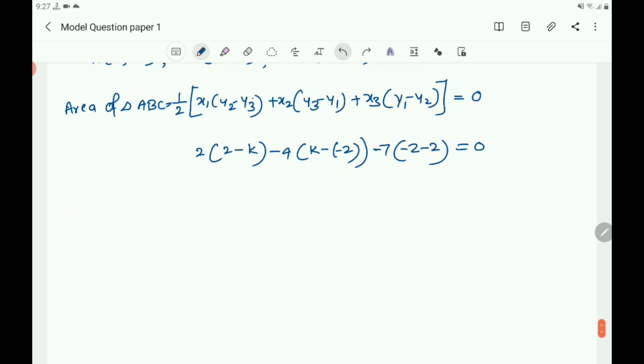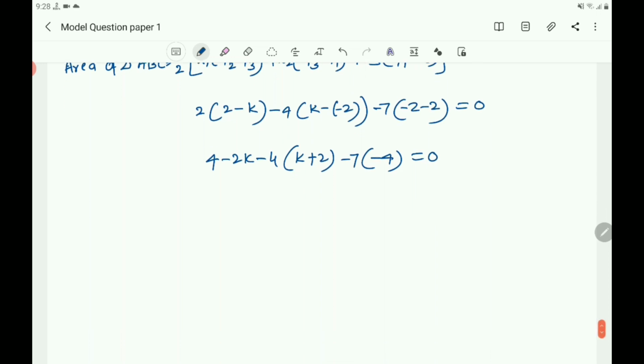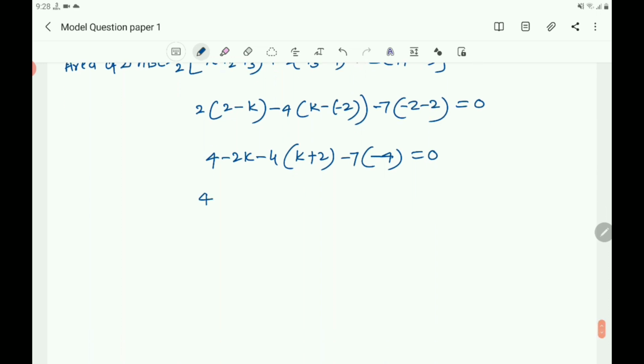Then you multiply. 2 2s are 4, 2 into minus k is minus 2k, then minus 4 into k plus 2, minus 7 into minus 4 equals 0. Then you write 4 as it is, minus 2k as it is, then you multiply here, that is minus 4k, minus 4 into 2 is minus 8 and minus 7 into minus 4 is plus 28 equals 0.